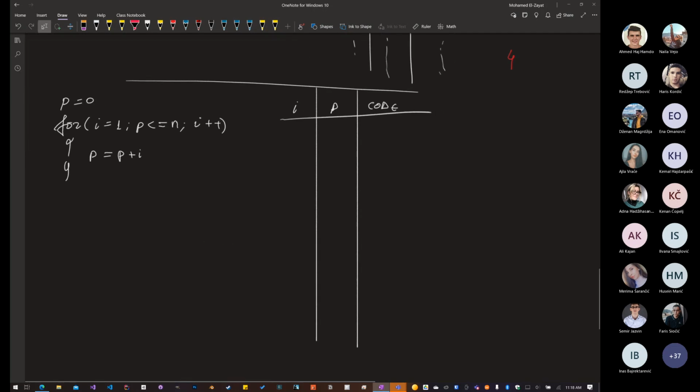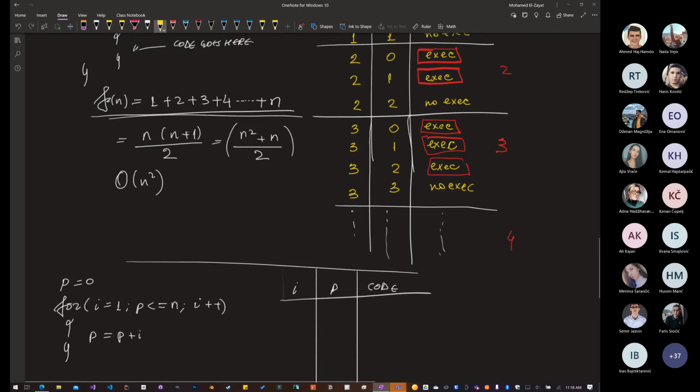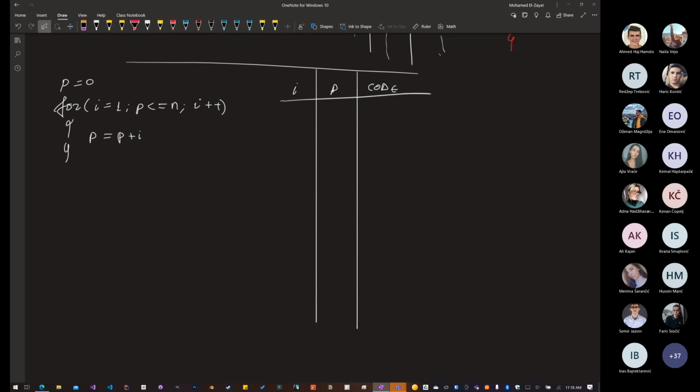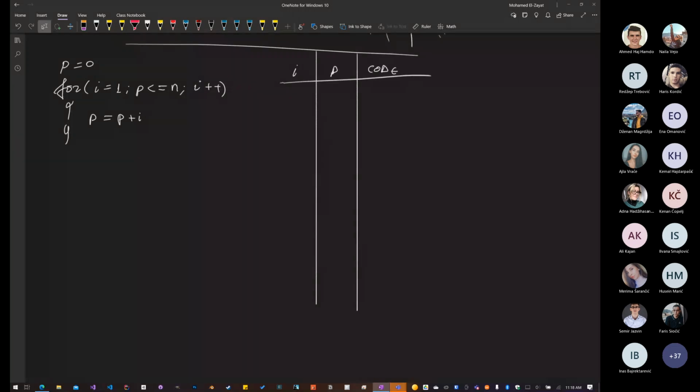Now, let's analyze this. I'm going to use yellow again. So when I equals 1 and P equals 0, P is going to be 0 plus 1.